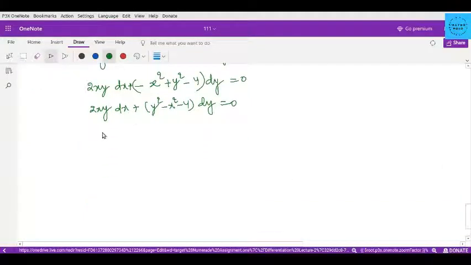Now carrying forward, we have this as M dx plus N dy equals 0. Now this is of this M dx plus N dy form. Now here we have to look at the solution to the problem very carefully.